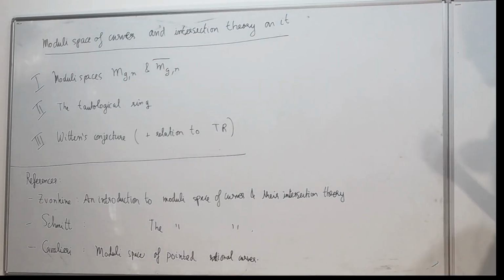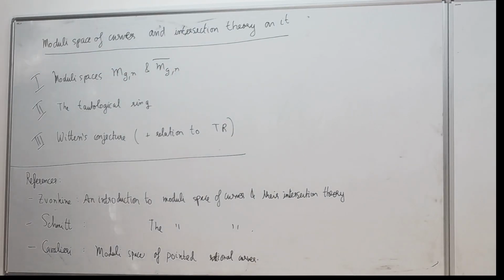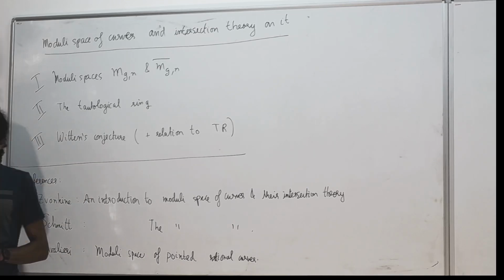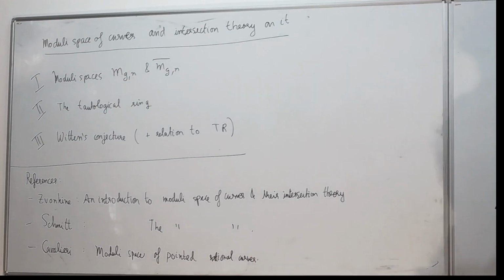Okay, so first of all, I'm not sure if this is a good way to start a talk in general, but maybe this needs to be said: I will not say very much about the relation to topological recursion, which is somehow what this conference is supposed to be about. But I'll say that they're very closely related.